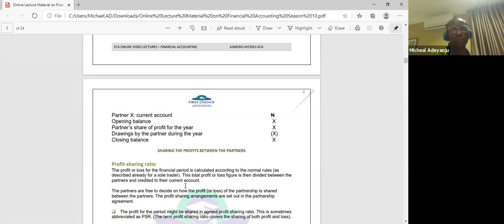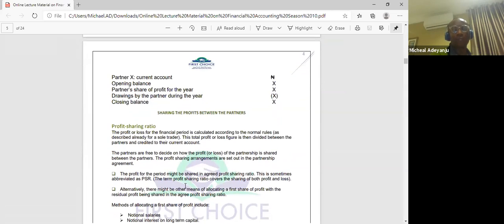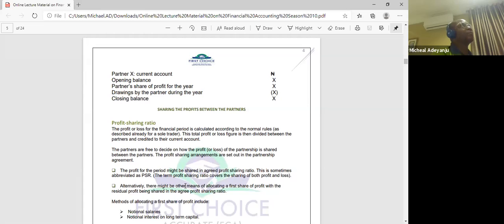So the current account is something like an equity, a credit balancing account. The way you open your capital is similar to the way you open your current account. They are both credit balancing accounts.